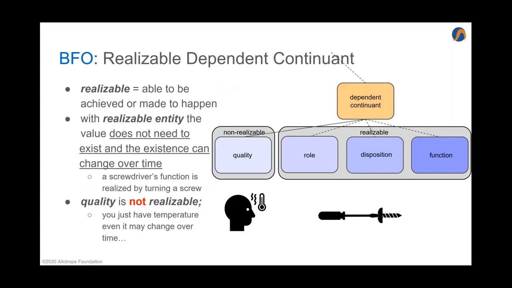With a realizable entity, the realization does not need to exist, and the existence can change over time. So all those realizable entities, for example, a screwdriver's function realized by turning a screw. A quality is not realizable. You just have temperature. Even if it may change over time, you just have the temperature.